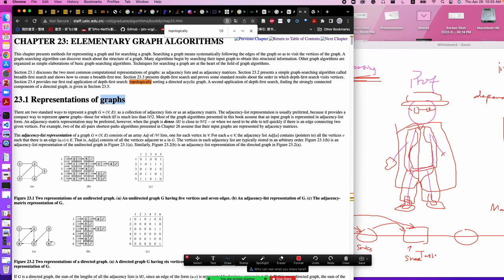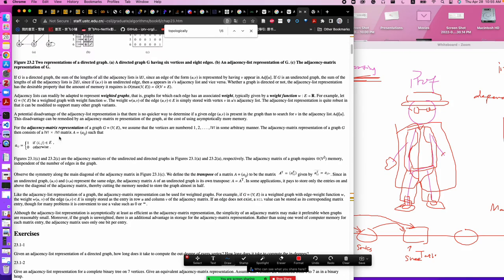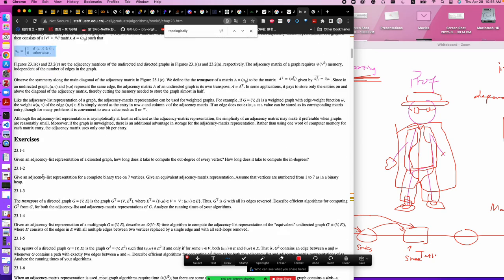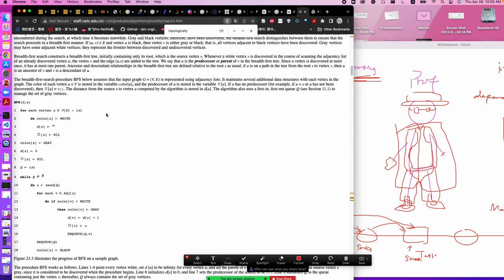So this is the graph we just drew, and this is the adjacency list. This is the adjacency matrix I just drew. This is the definition of the matrix I just said. If there's a connection, there should be 1. If there's no connection, there should be 0. And I didn't touch breadth first search or depth first search.